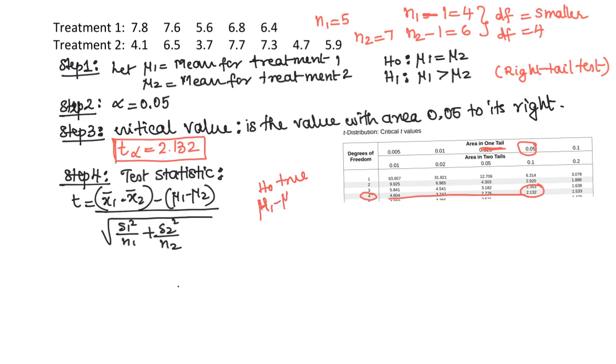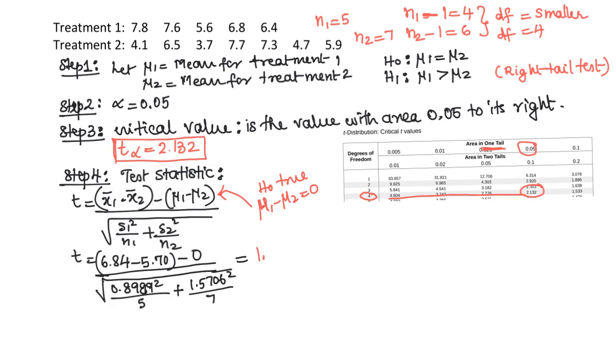Mu1 minus mu2 will be equal 0. Substitute the other values and find the value for the test statistic. So we will get test statistic equal 1.590. This is a right tail test.